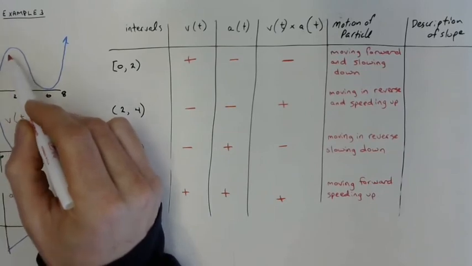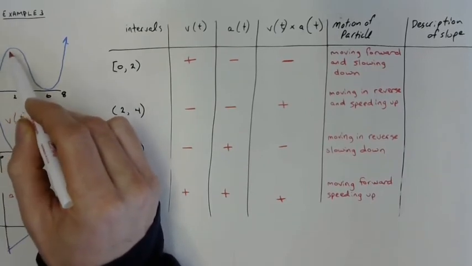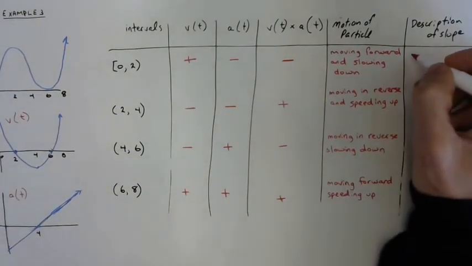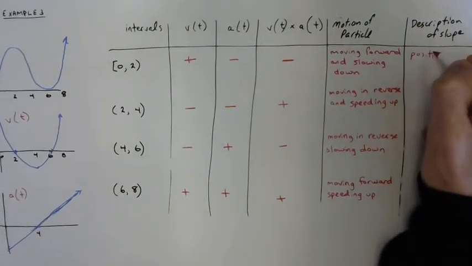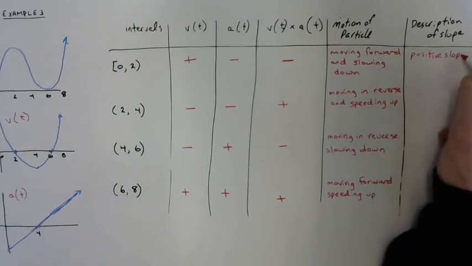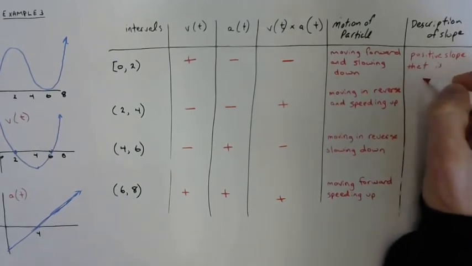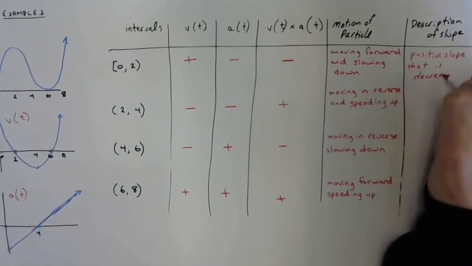It's heading towards 0. So from 0 to 2, we have a positive slope that is decreasing.